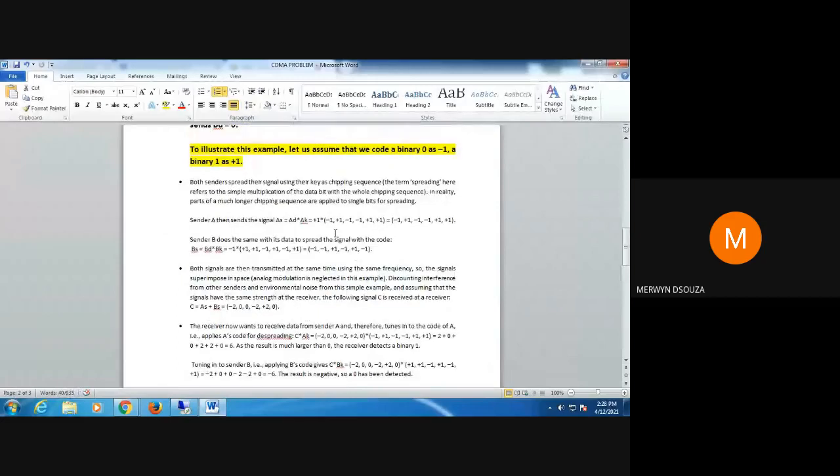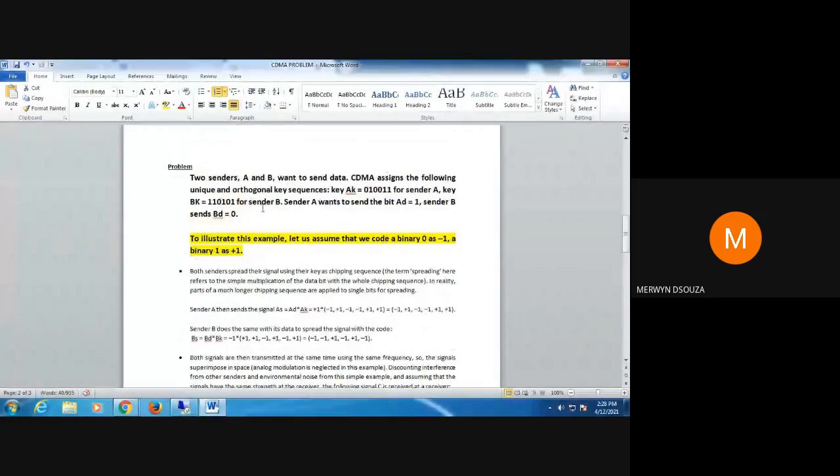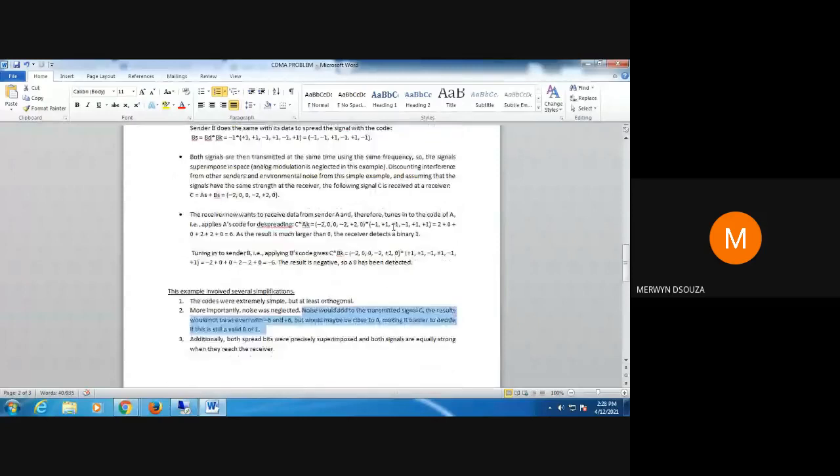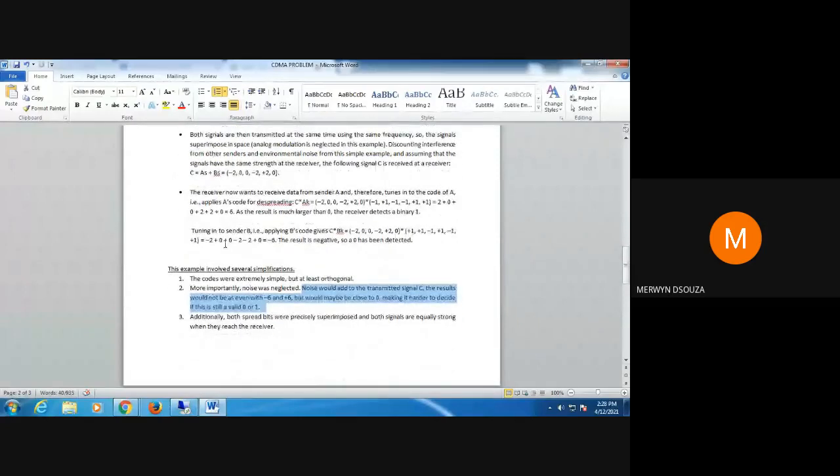If noise was present and any of these data bits had to change, then we would have got different answers. Instead of -6 and +6, we could have got values very close to 0. Then it would have been very difficult to decide whether that value is a 0 or a 1. Suppose I get this answer as 2 here, and this answer was say -1.